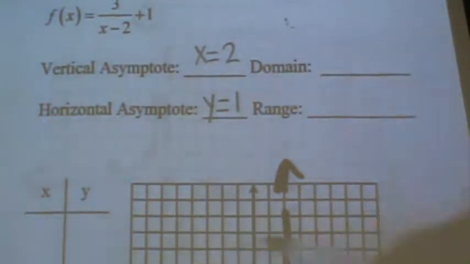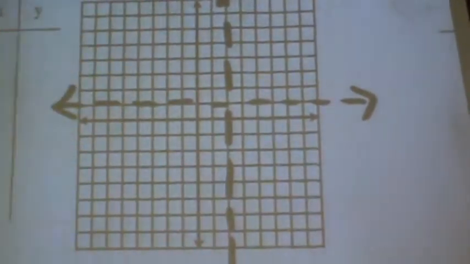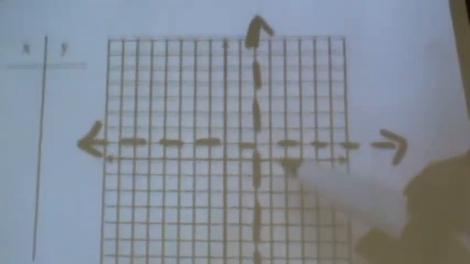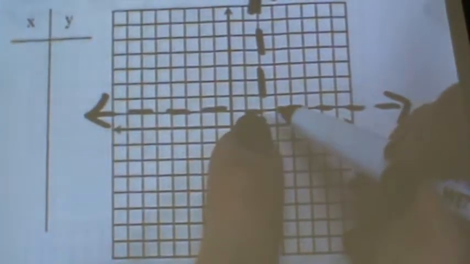And can you tell me from there, where do you go? Your a value is 3. So from here, you're going to go over 1, up 3. I want that point. And over 3, up 1. Draw your graph. These are your two branches.